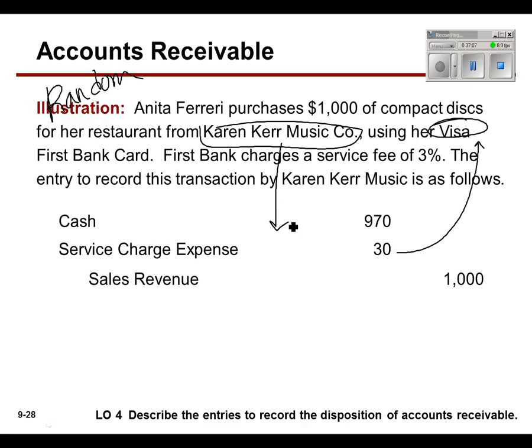So I don't get that $1,000. That's why some places, to use a credit or debit card, you have to have a minimum like $5 or $10 purchase. Have you seen places like that? Yeah.